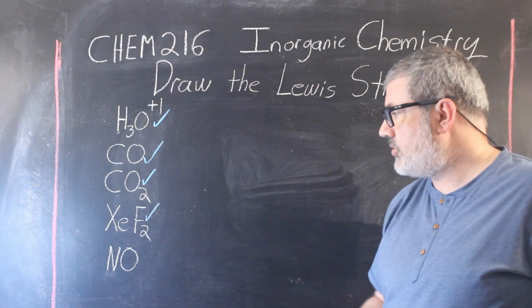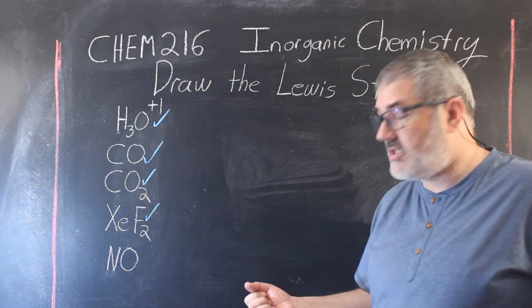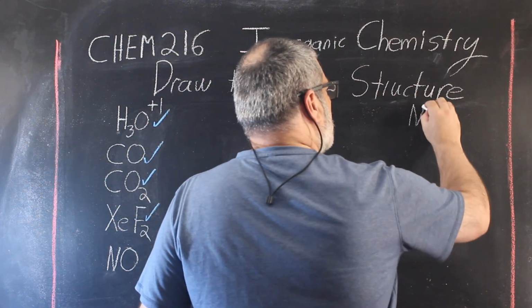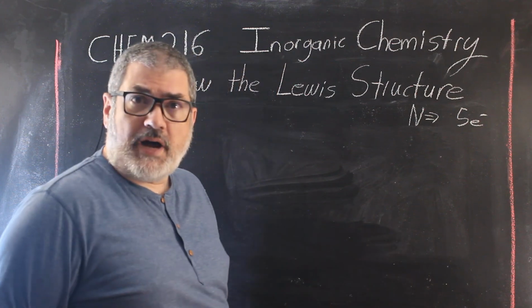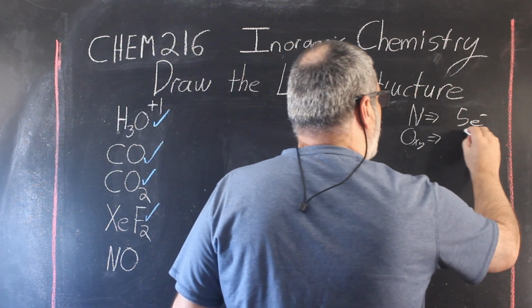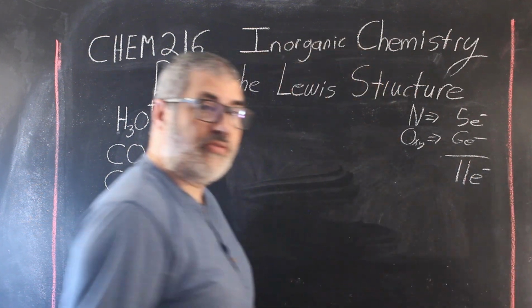The next molecule, nitrogen monoxide, that we're going to look at, seems pretty straightforward. 2 atoms. Nitrogen has 5 valence electrons. Oxygen has 6. So we have 11 electrons to work with.